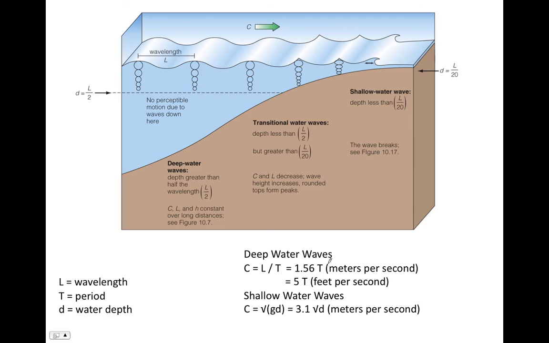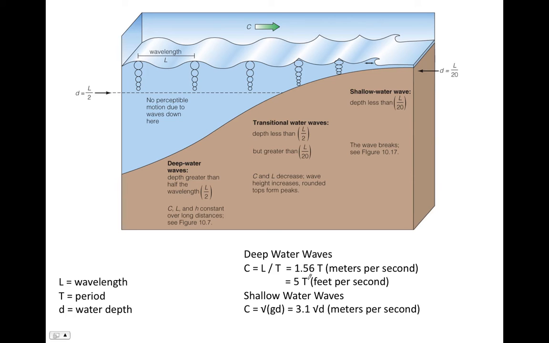So let's say a wave has a period of 5 seconds. That means it's going to travel at roughly 7.5 meters per second. And in English units, if a wave has a period of 5 seconds, it's going to travel at roughly 25 feet per second.